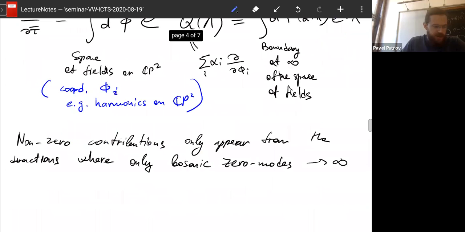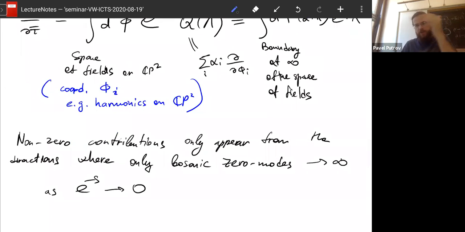Why? Because if you go in some direction where a non-zero mode goes to infinity, then it will be suppressed because e to the minus s will go to 0.